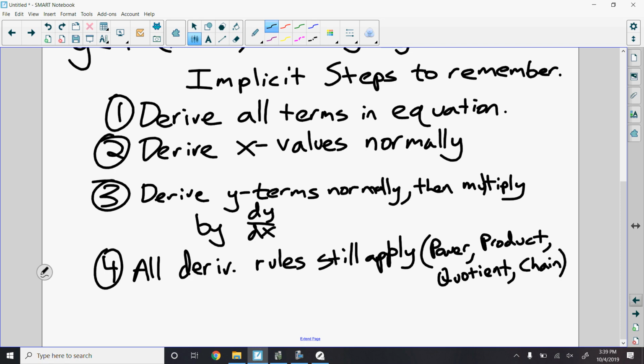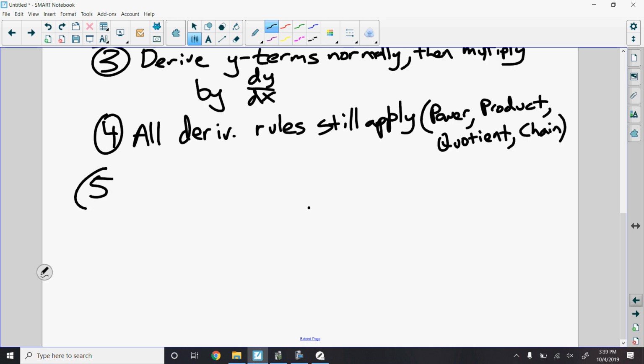If we ever have a product of two functions, we still have to do the product rule, which is the derivative of the first times the second plus the first times the derivative of the second. If we see a quotient rule, we have to do that. If we see a chain rule, we have to do that. So all the rules that we learned in the last unit still apply. The last thing you need to do is isolate dy dx and simplify.